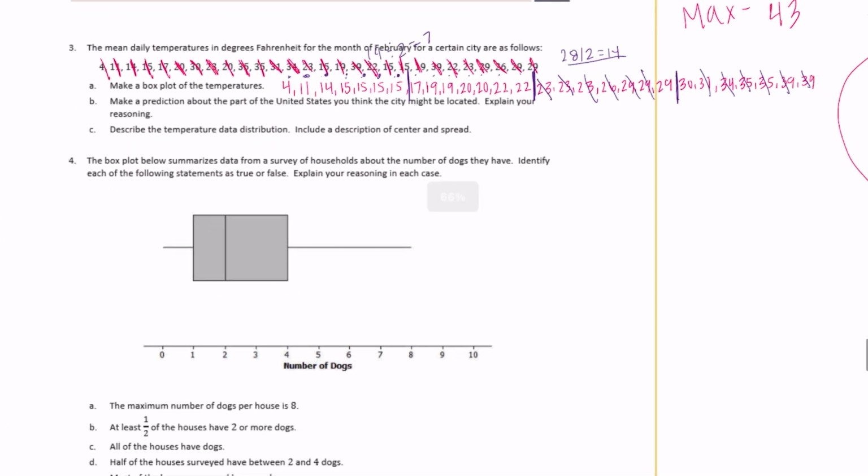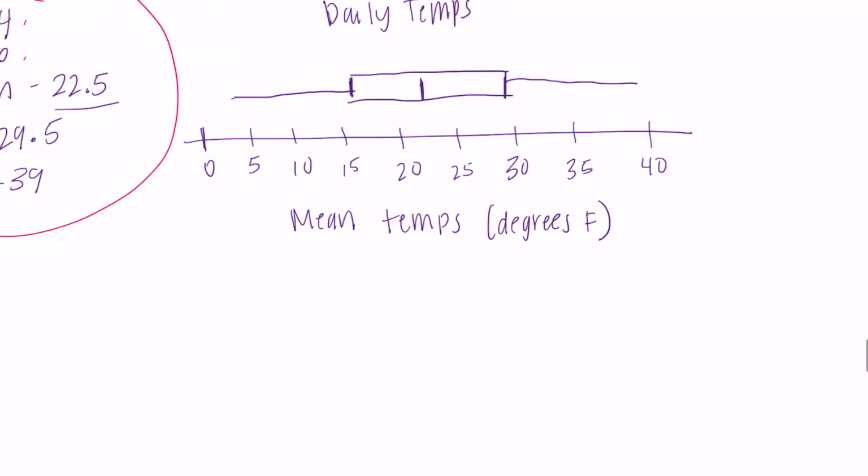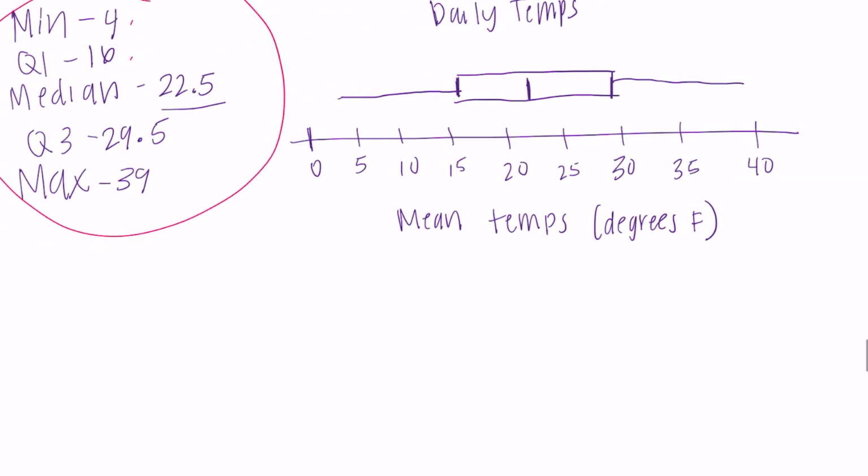B, make a prediction about what part of the United States you think this city might be located. Explain your reasoning. So looking at the temperatures here, the median is 22 and a half. That's cold, right? That's below freezing. It's probably snowing a lot. The max is 39. The min is 4. So I think that this is probably a city in the north.